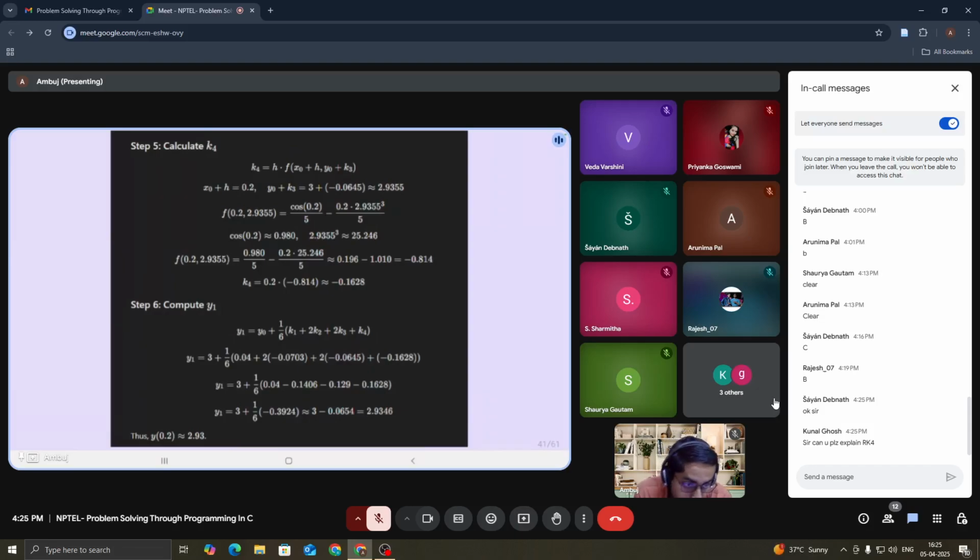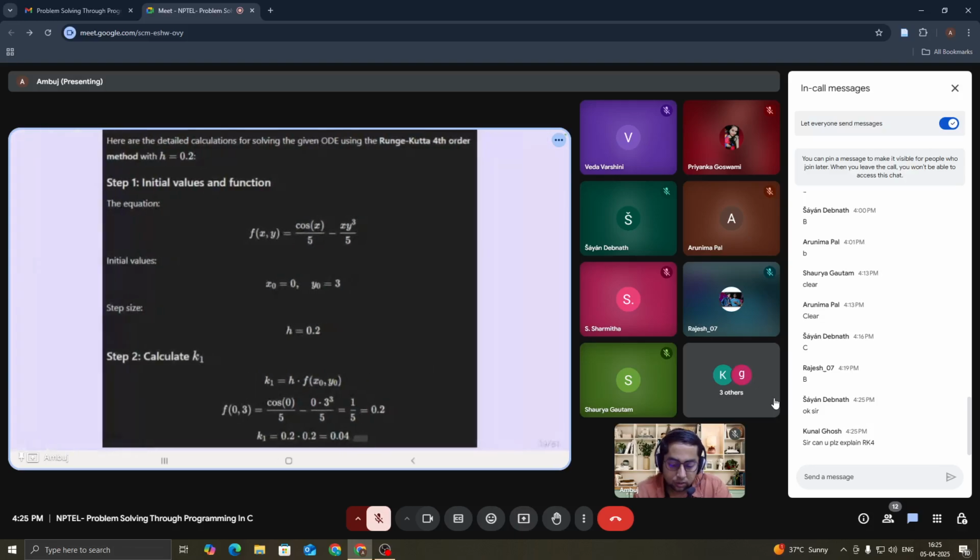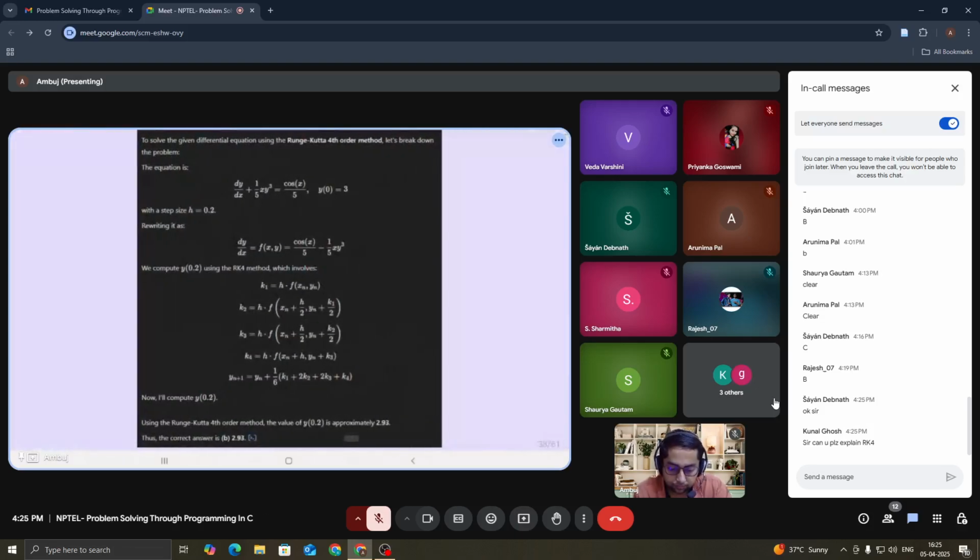Yes, sir. Can you please explain RK4? Okay. I'll just explain in brief what is RK4, the Runge-Kutta method of fourth order. This is the final expression which we have got. Try to understand.